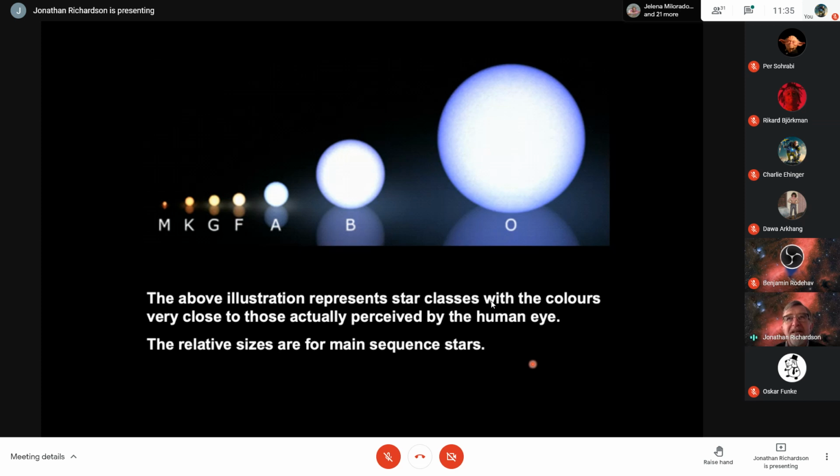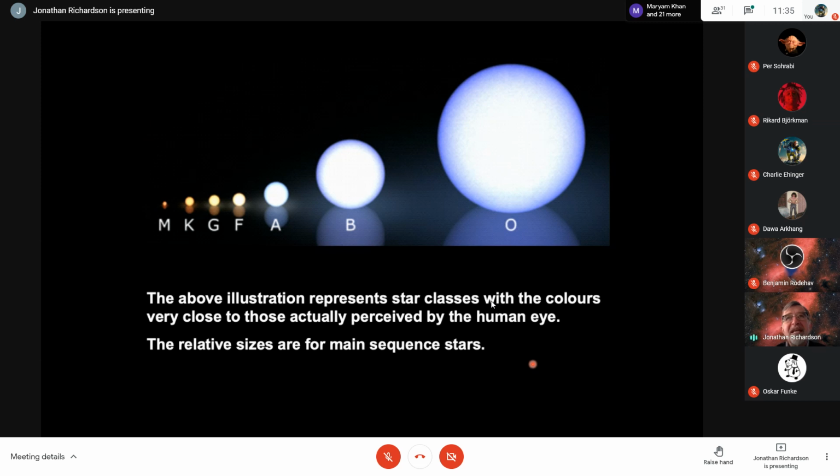These are not stars that have finished their nuclear burning, but these are stars that are still on the nuclear burning process. So these are the relative sizes for main sequence stars.